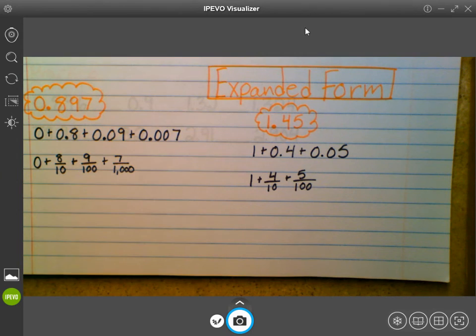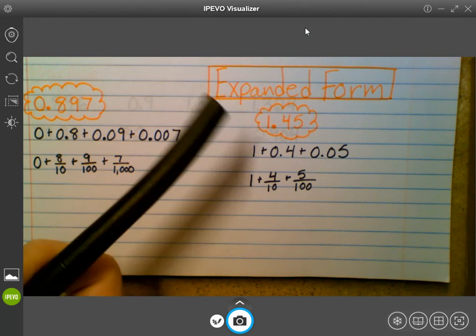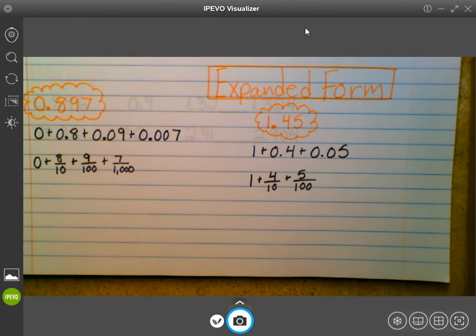Okay, you're going to anonymously show me how you feel about writing decimals in word form, standard form, and expanded form. So go ahead, close your eyes, put your head down, whatever you need to do so that you're not looking. Don't use your face mask as a blindfold.